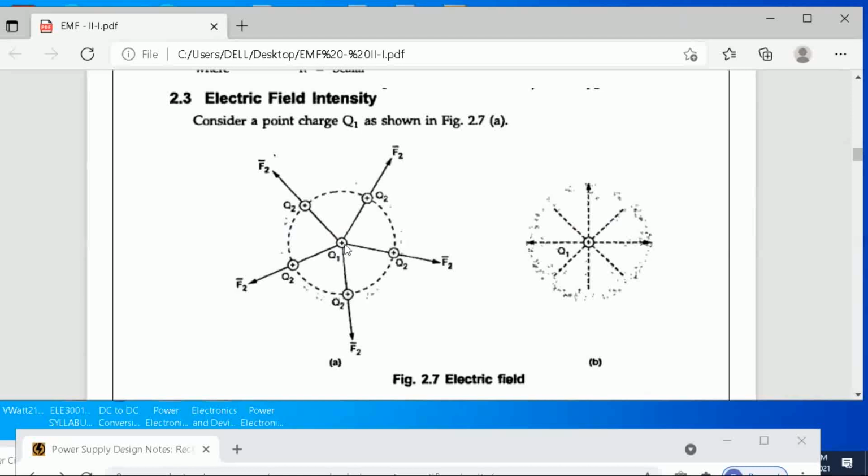Sir, I think it has something to do with the force that a charge experiences when it's placed in a electric field or something like that.